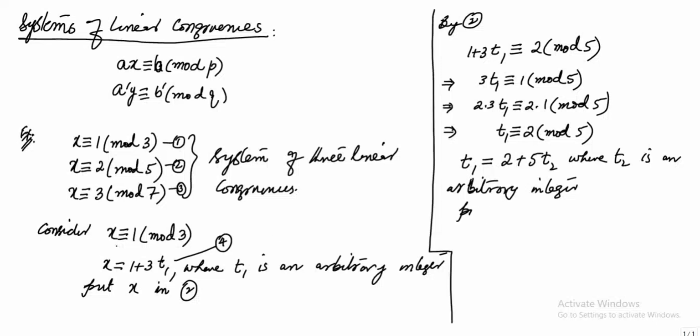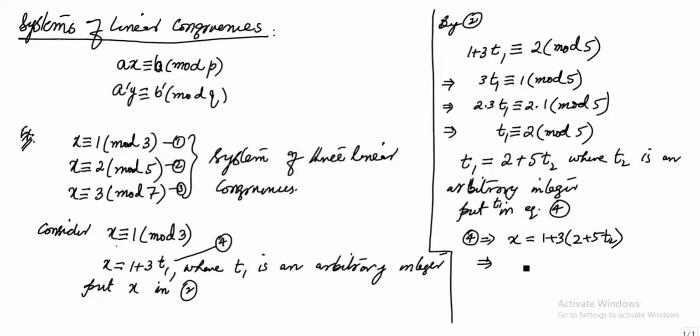So put t1 in equation 4 to get the value of x in terms of t2. Now equation 4 implies x is equal to 1 plus 3 times t1, which is 2 plus 5t2.